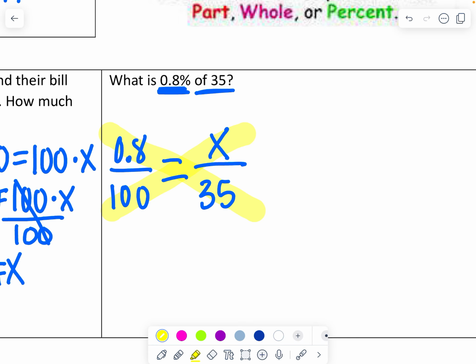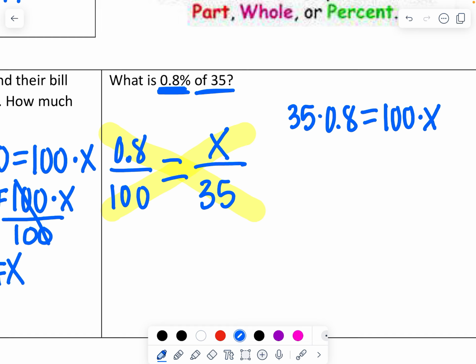Set up your proportion with the equation. So you multiply diagonally. So we have 35 times 0 8/10 equals 100 times x. And so you would start by multiplying 35 times 8/10. And in your calculator, you should get 28. So you'd have 28 equals 100 times x.